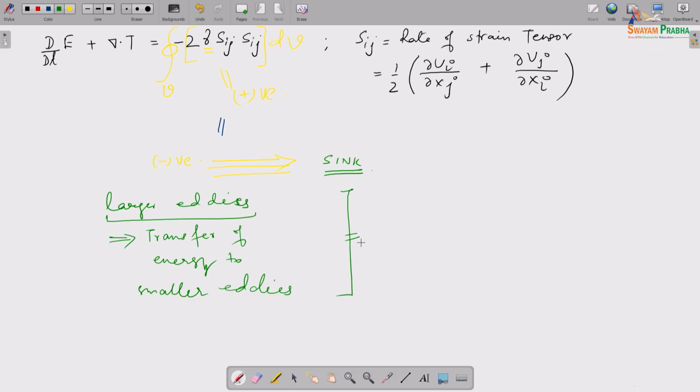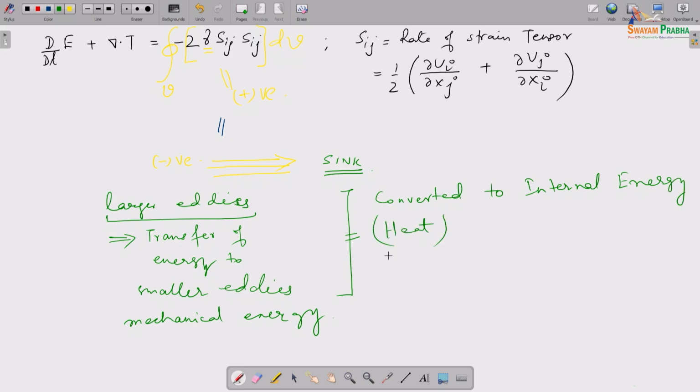This is essentially mechanical energy, so you have fluid particles moving at different speeds, right? Now this mechanical energy is going to be converted to internal energy, or as we say, heat.